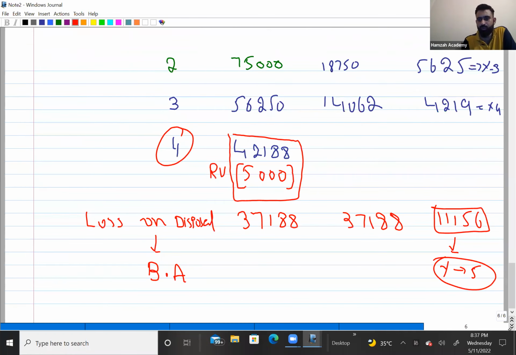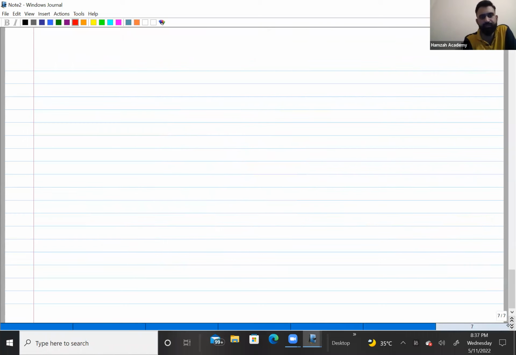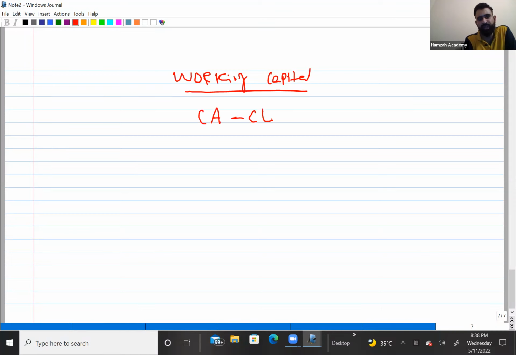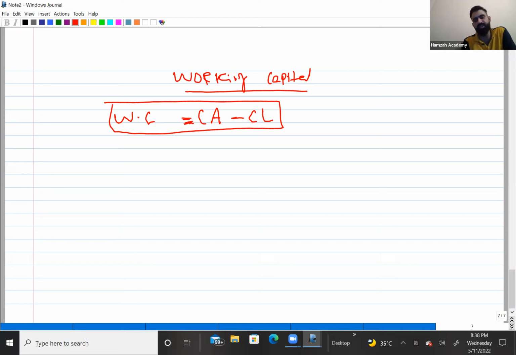Now, what is working capital? Let's talk about it. Normally, working capital is known as current asset minus current liability. The difference between current asset and current liability is known as working capital.